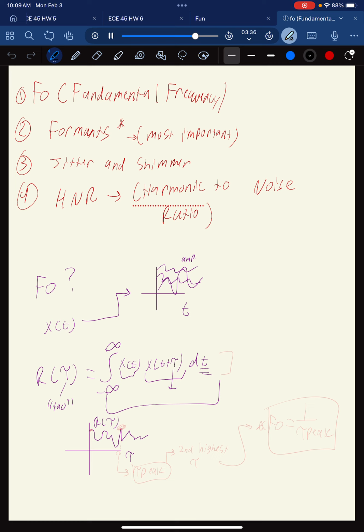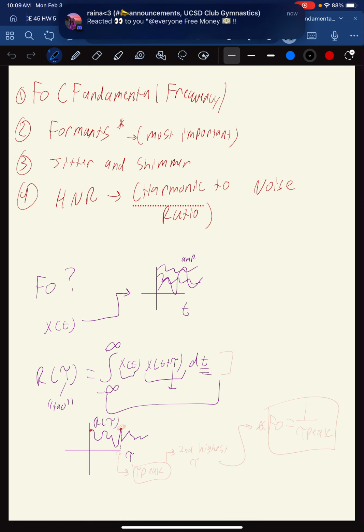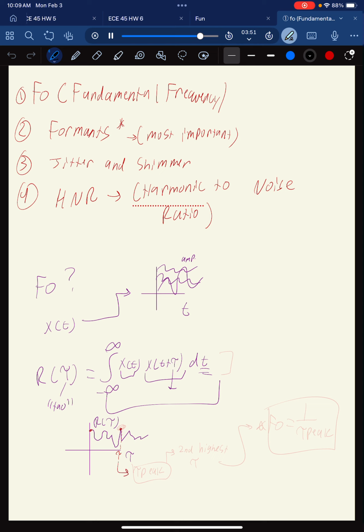But besides tau equals 0, there's going to be some other point here that is the tau peak. We'll call this value t peak. At this value, r of tau is going to be the second highest as compared to 0.